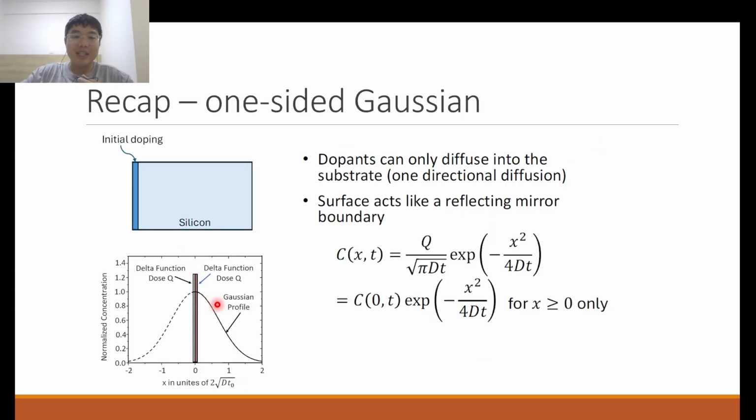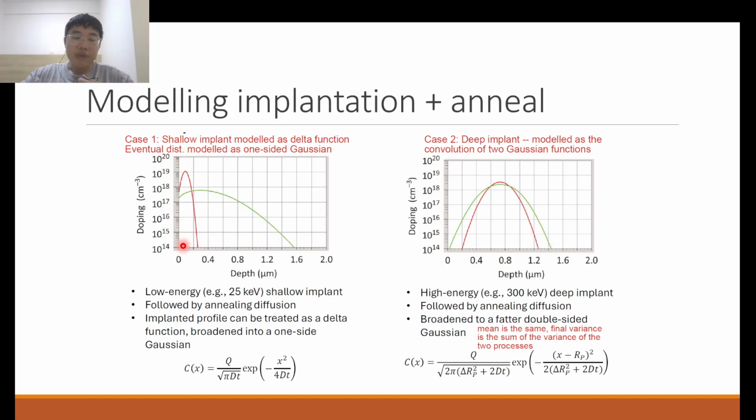So we can consider this approximately equivalent to a delta function, a very narrow function at x equals 0 with a fixed dose. We know it's a fixed dose because the ion implantation step has finished. There's no more adding of dopant atoms, so the dose is fixed by the red curve.